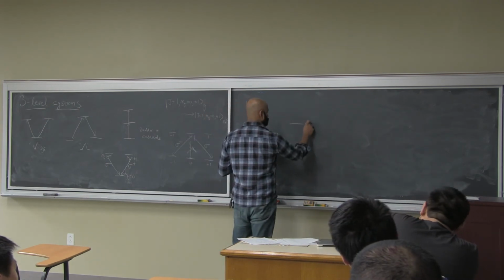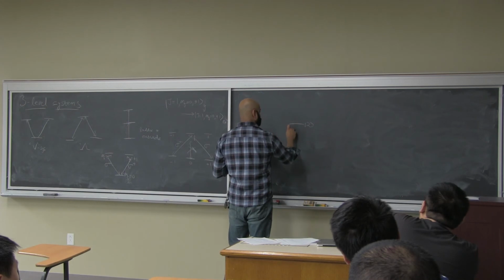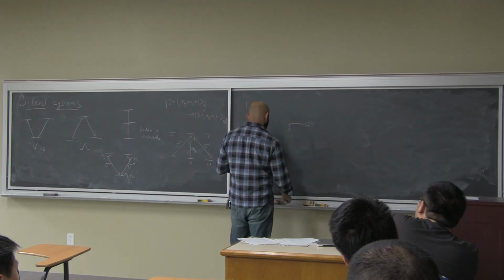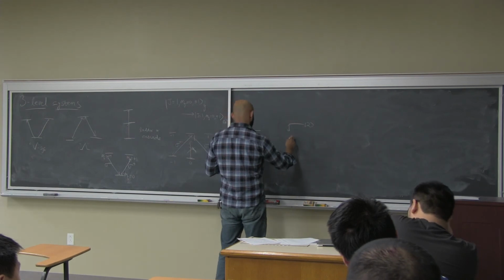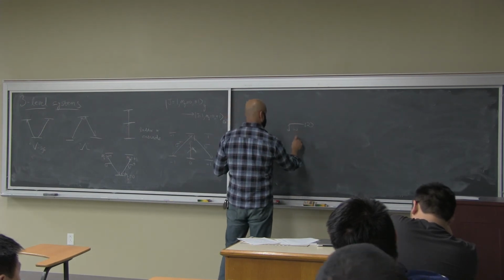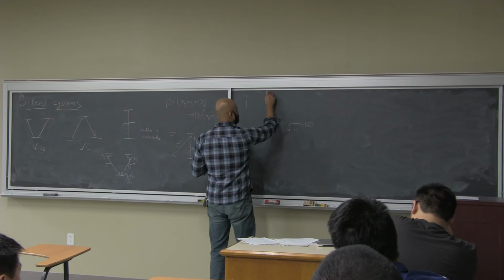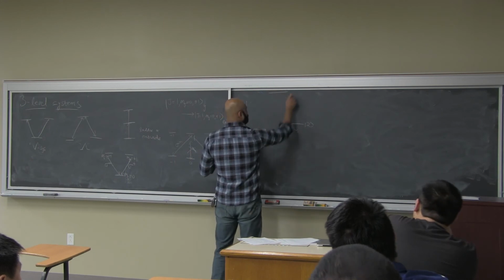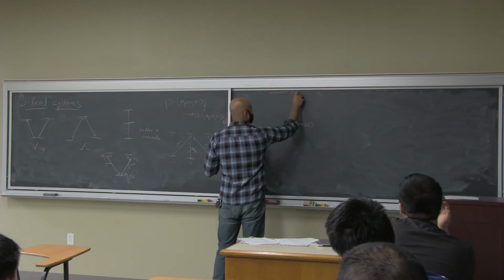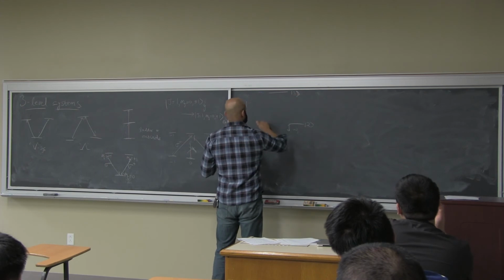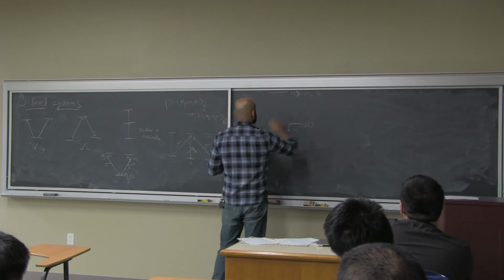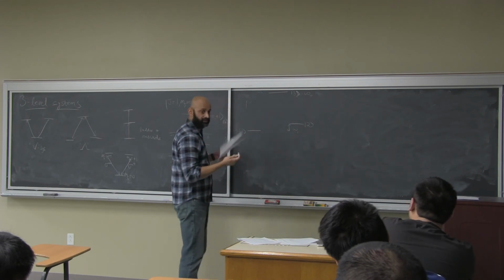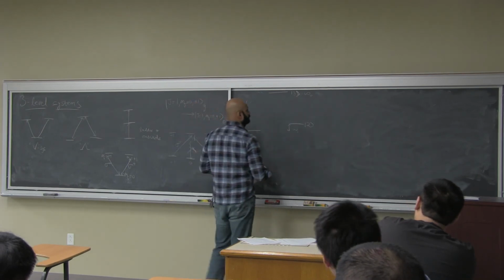There's another state 2. There may be some splitting between these, which I'm keeping as omega naught, omega 1. And then there is the excited state 3, which is at some frequency omega naught, like before, from state 1. State 1 is at 0 energy, right?